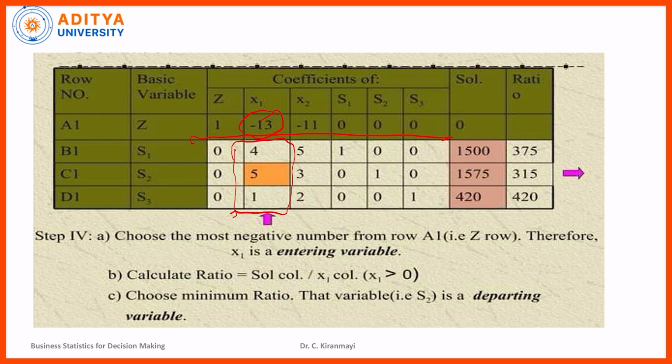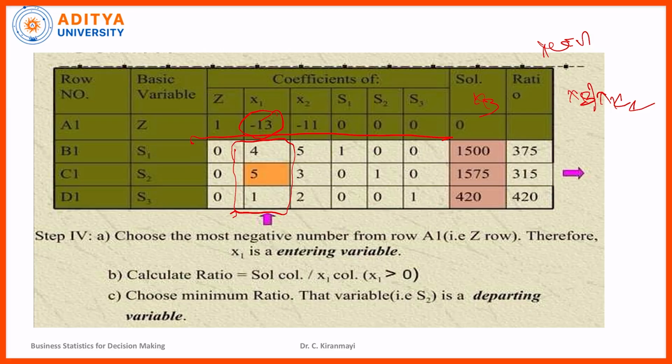After identifying the key column, the next step is to identify the key row. The formula is xb by xk, where xb is the solution values and xk is the key column.